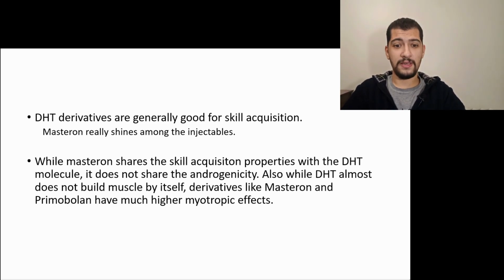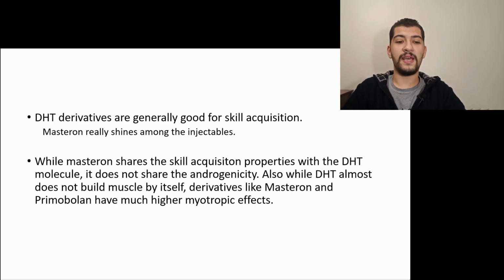While Masteron shares the skill acquisition properties with the DHT molecule, it does not share the androgenicity. In contrast to what most people think, that Masteron is super androgenic, actually Masteron is less androgenic than DHT itself.